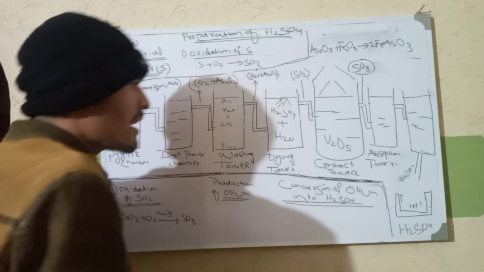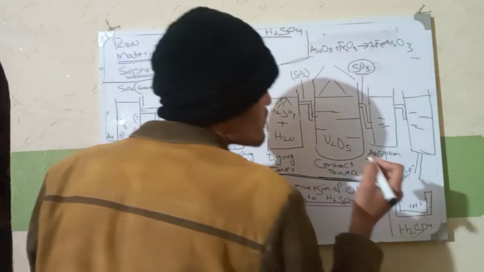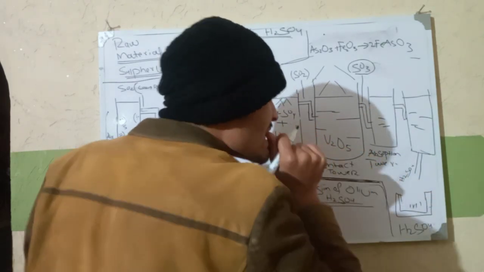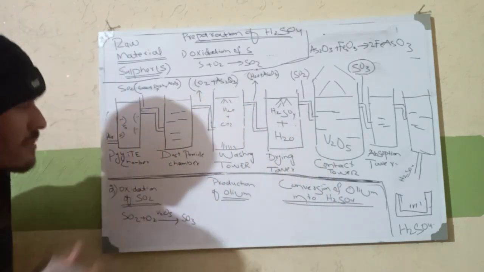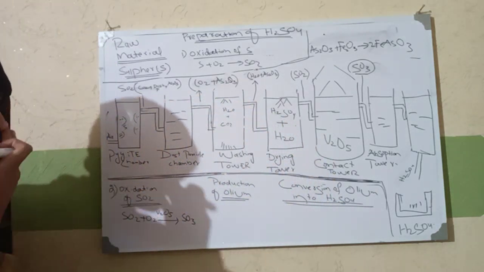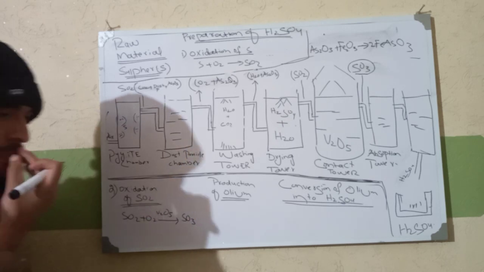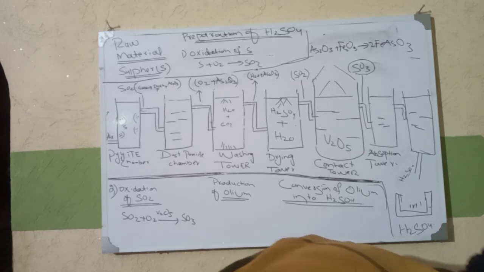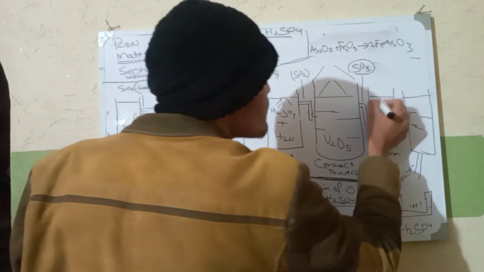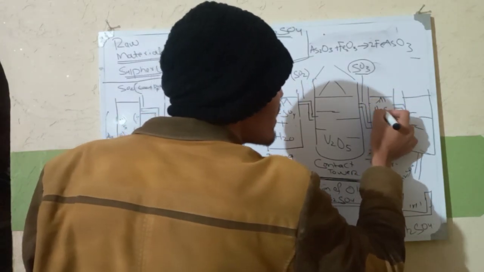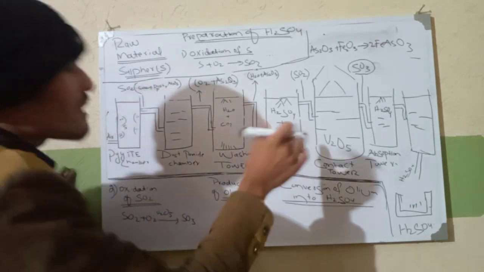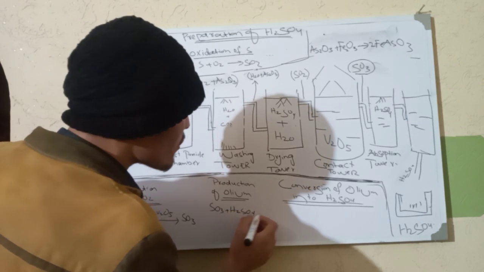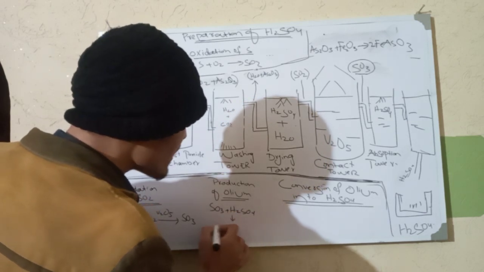In the absorption tower we spray H2SO4, and the sulfur trioxide is absorbed by the H2SO4. What do they produce? Oleum.